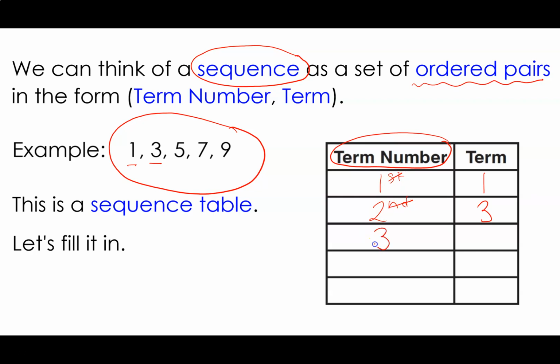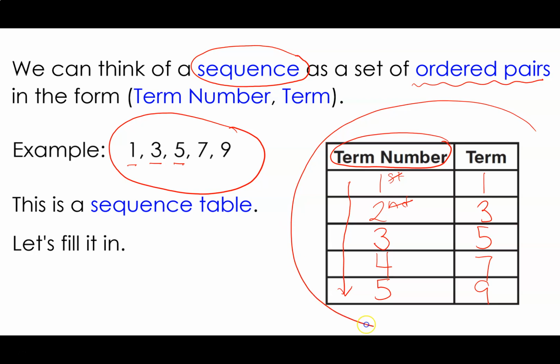Our third number is 5. Our fourth number is 7. And our fifth number is 9. Notice the term number is simply counting up from 1. 1, 2, 3, 4, 5.